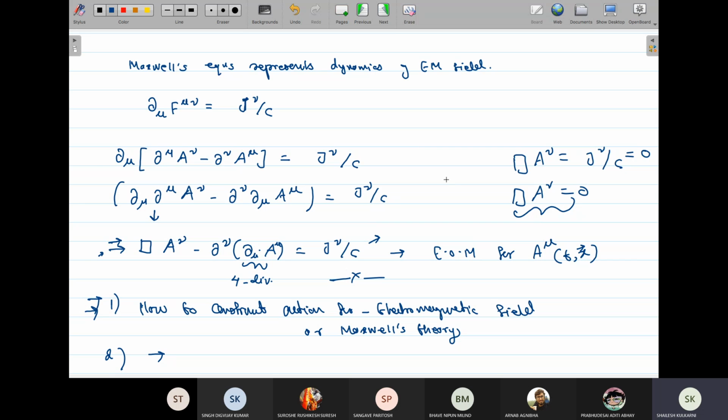The mass of the photon is 0. When I say mass, I always mean rest mass. There is no rest mass for the photon, simply because there is no rest frame for the photon. So I cannot use this to describe the quantum mechanics of a massive relativistic particle. So I need to use something else.